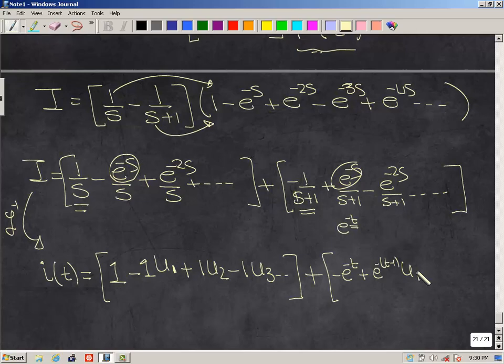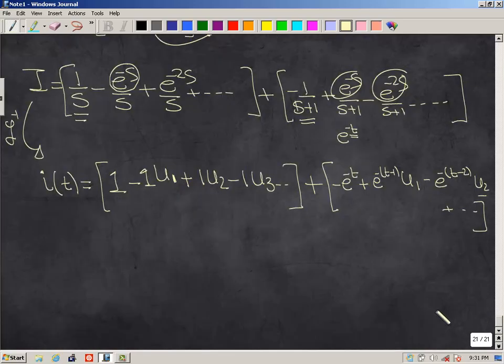Okay, minus e to the negative (t minus 2) u2, because this will cause the u to show up, and then we take the inverse of 1 over s plus 1 and you shift that. So we get that, dot, dot, dot, that continues. So that's what we end up with.